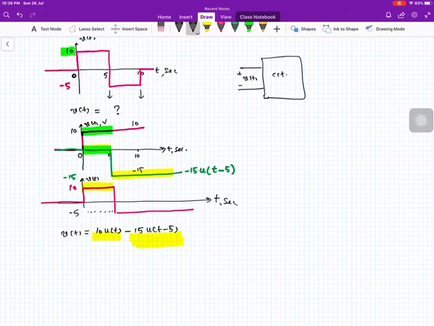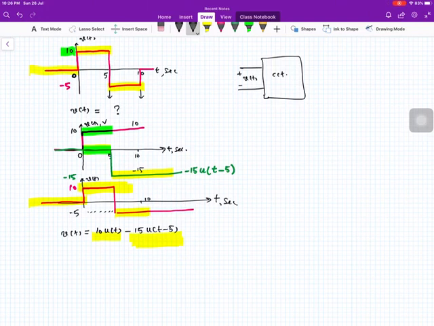So what we have done, look at this figure, this waveform. This part is same, and then this part is same, but we need minus 5 volt up to 10 seconds. Say this is 10 seconds.